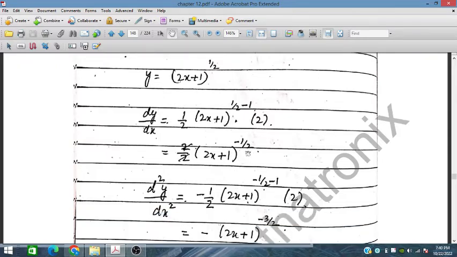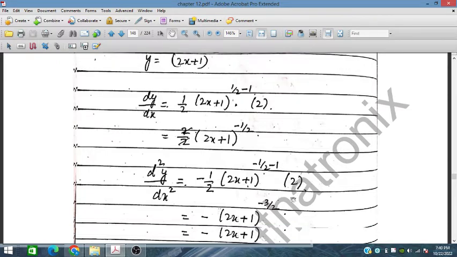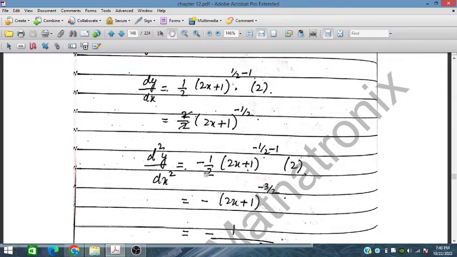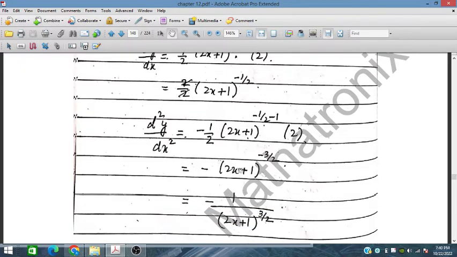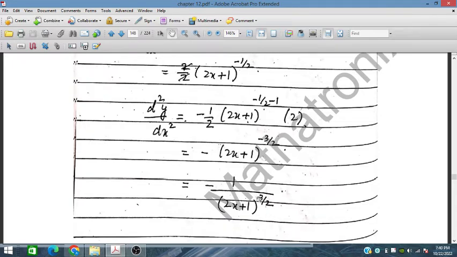This is dy by dx, and now we take the derivative again. This minus half is here, and then minus half minus 1, and then take the derivative here. This 2 will cancel out, and the minus sign and the power come down to a positive form. So this is minus 1 over (2x plus 1) power 3 over 2. So this is the second derivative.